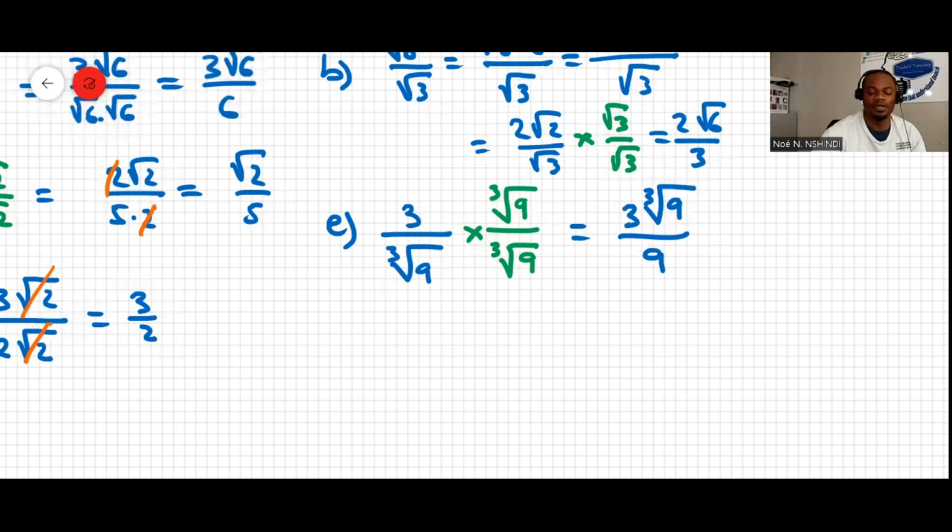Then we can simplify. Note that the cube root of 9 we cannot simplify, because this is 3 squared. It has to be 3 to the power 3 to cancel the roots, okay? And then we can simplify 3 with 9 here, 3 left there, 1 there. And then the answer is just cube root of 9 over 3.